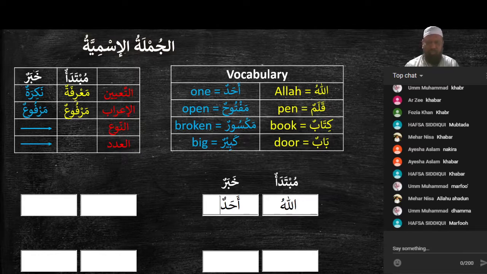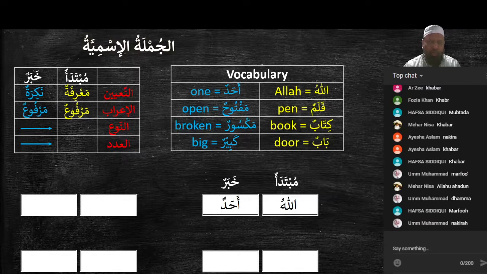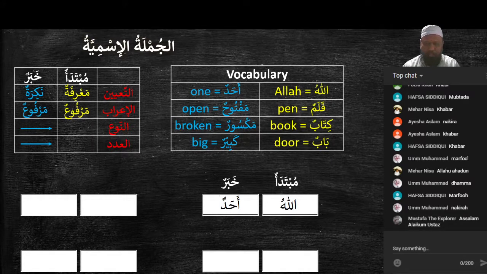We already have a marfu, ahadun. And now the khabar has to match in gender. So Allahu, normally we use as a mudhakkar, so ahadun has to follow. The word Allah is al-mufrad, so is ahadun, mufrad. So we have a sentence in Arabic, Allahu ahadun, Allah one.